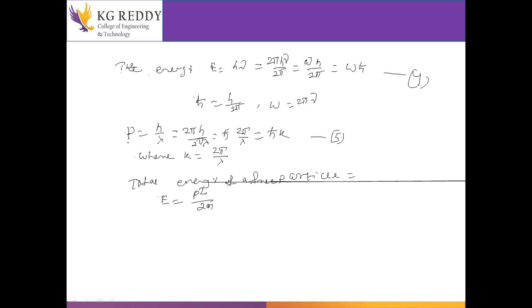I can write P equal to h cross k, so E equals h cross square k square by 2m. This I will give equation number 6.